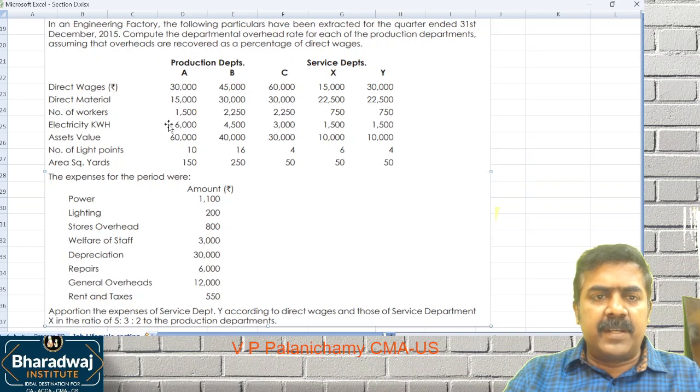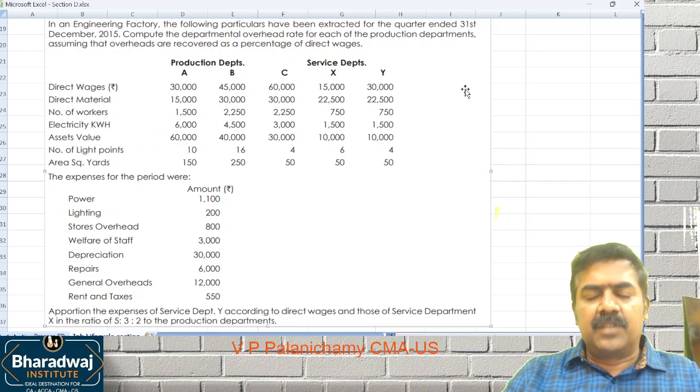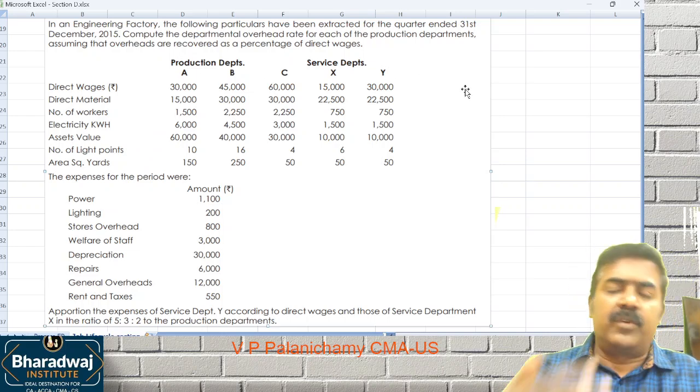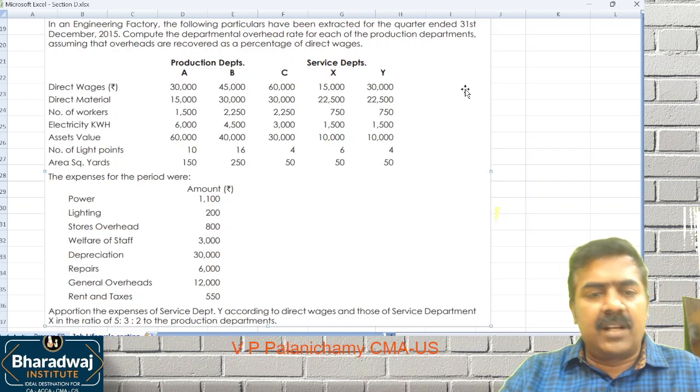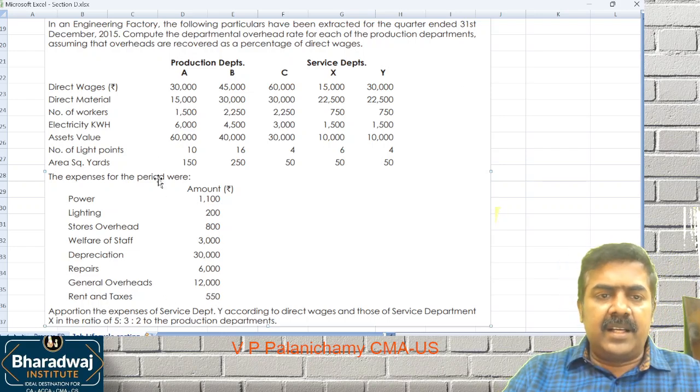Stores overhead is based on value of material stored. Depreciation can be based on asset value. Repairs are based on asset value. General overheads can be apportioned based on direct wages, because more work, more wages, more general overheads. Rent and taxes can be allocated based on area.